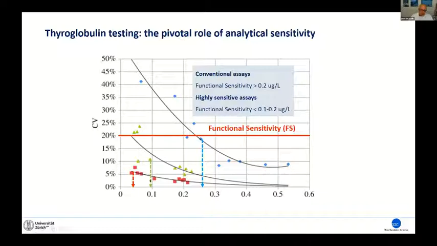And so we can define this method as highly sensitive, able to detect thyroglobulin concentrations at 0.1, 0.2 microgram per liter, while this method is able to detect concentrations of thyroglobulin that are slightly higher. And this is very relevant from the clinical point of view.